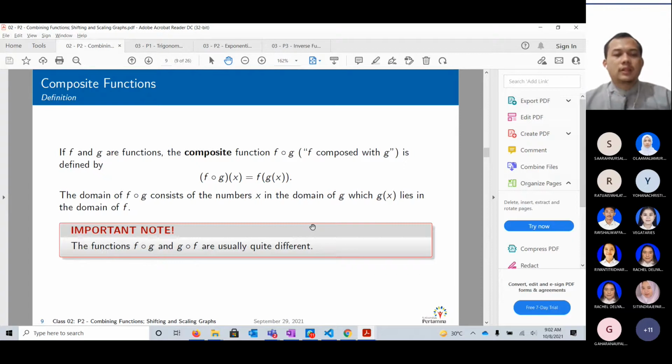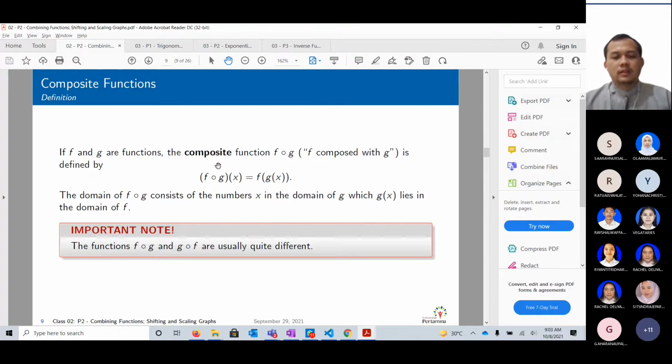What does it mean by composite? Suppose that we have f and g to be functions. The composite function f∘g, f circle g, meaning that f is composed with g, is basically this expression. f circle g of x is f of g of x. Now, what is the domain of the composed function?